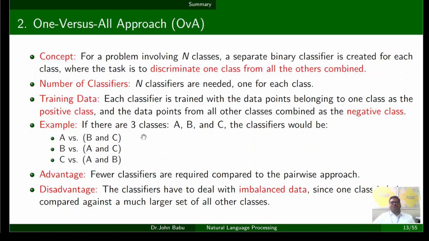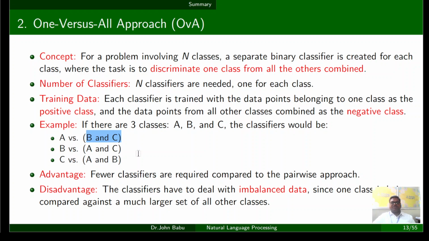Suppose there are 3 classes. You will be training A versus B and C, where B and C together are one class and A is another class. Then B versus A and C, and C versus A and B. Here we require only a few classifiers compared to the one versus one approach.